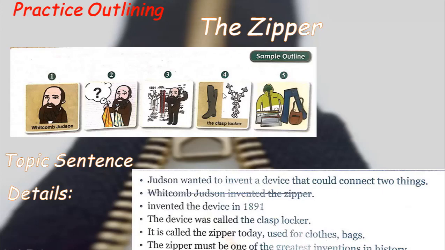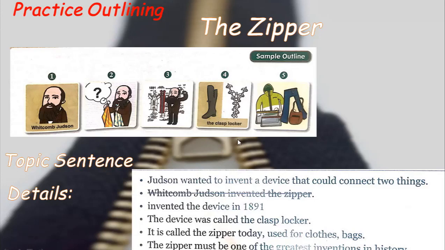What about number 4? Number 4, we call the device the clasp locker. And the last one, number 5. Number 5, everyone. You may find it yourself, everyone, because the teacher already completed 1, 2, 3, and 4 for you. So these are the details.